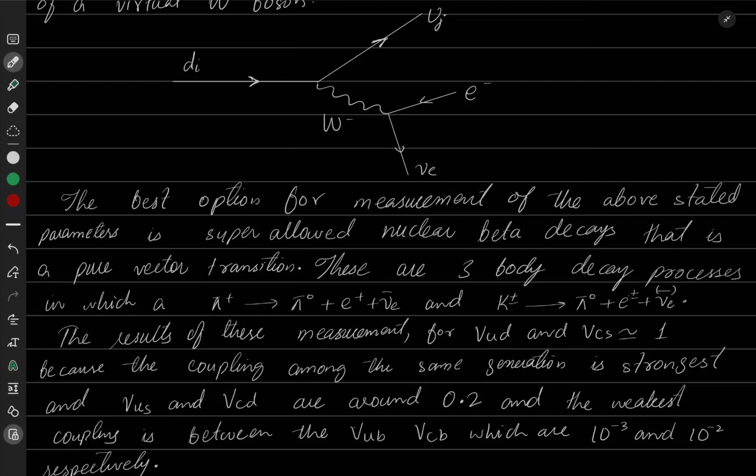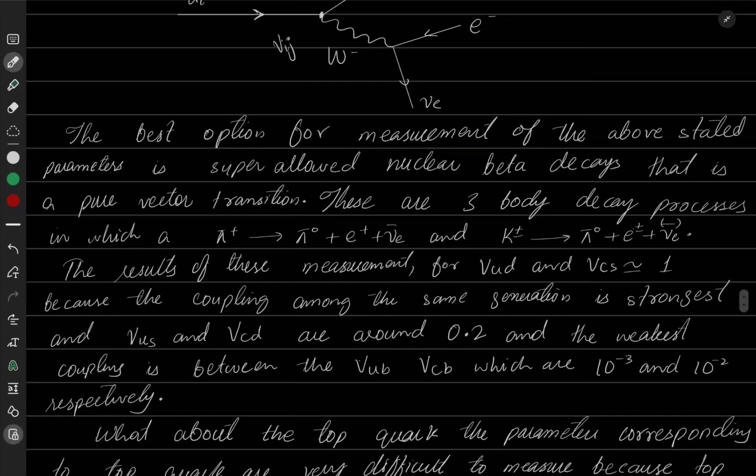So we can measure these parameters. Actually, this vertex is V_ij. So i and j correspond to the up, down, and strange, I mean the three quarks. It corresponds to the quark generations.